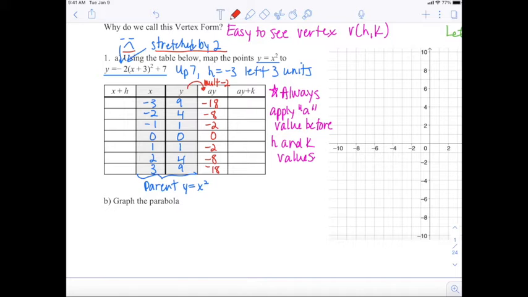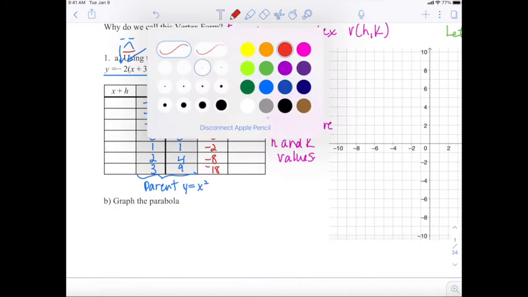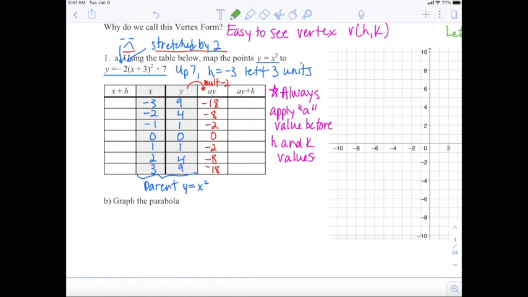Okay, next, the next two things can happen actually at the same time. What I'm going to do is apply my shift upwards. So I need to add 7 to all my y values, but they're the red y values, not the blue ones, because I have to multiply by -2 first to apply the stretch and reflection, and then I shift it up and down.